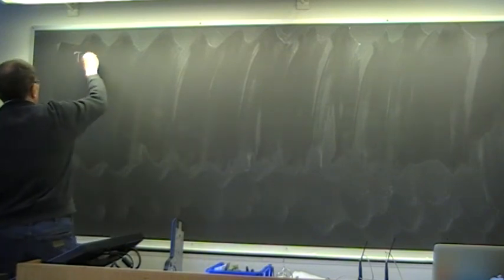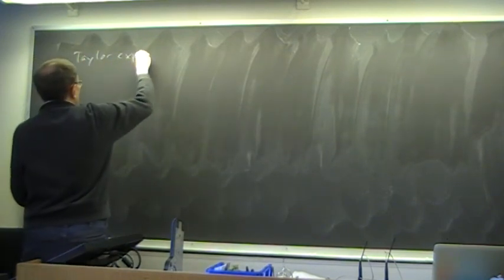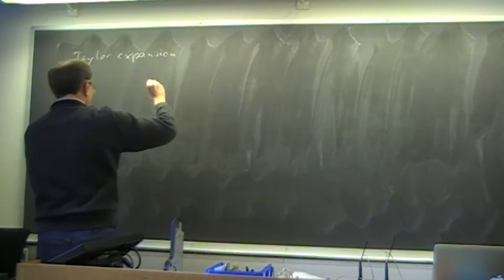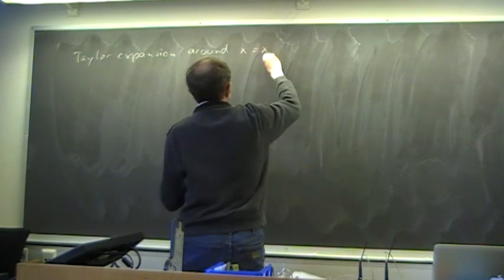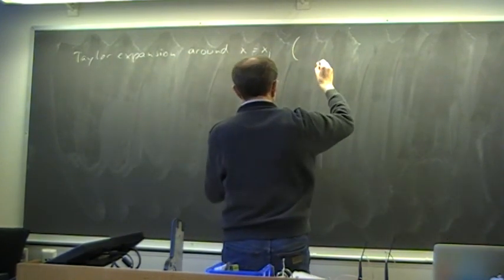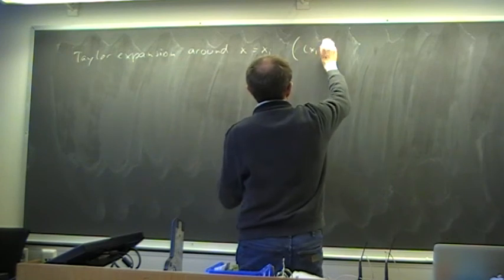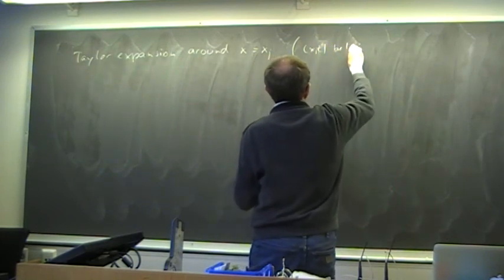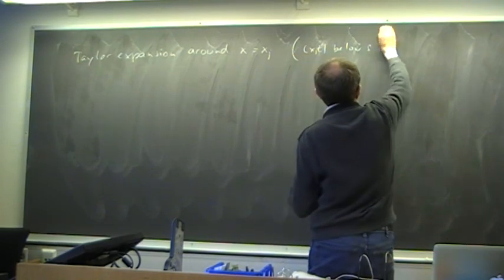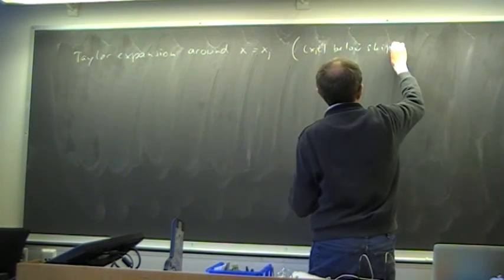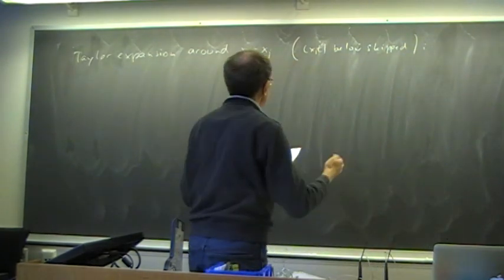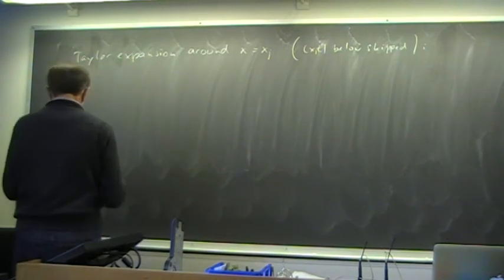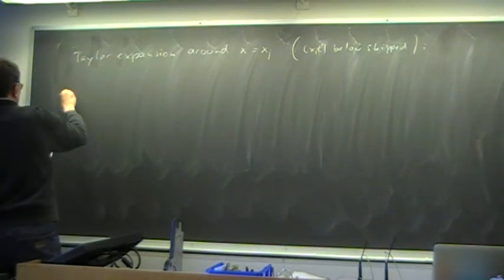So we use Taylor expansion around x equal x_j. We skip writing x and t below, but we imagine that the function and its derivatives are evaluated at x and t. So then we put it directly in.